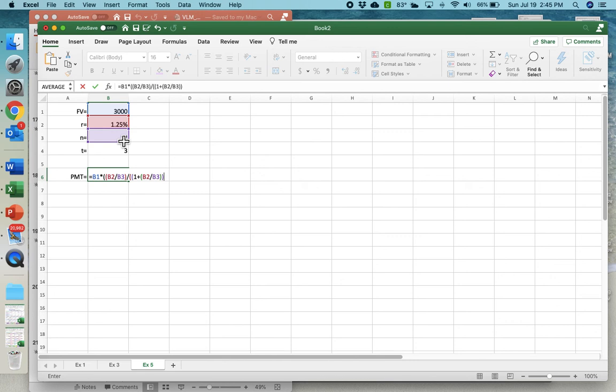And then a parentheses over 1 plus R divided by N that we're raising to the NT, which will be in parentheses. Minus 1, close everything on the bottom, close everything times our future value, and cross our fingers, we got it.